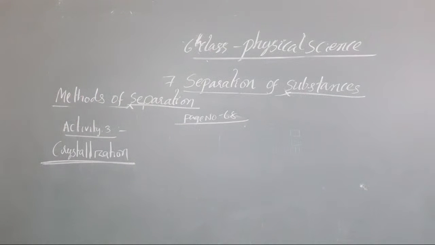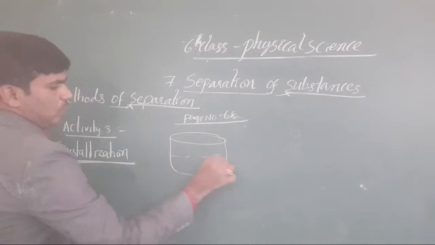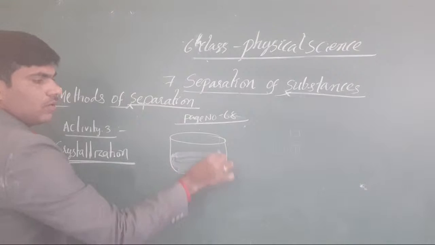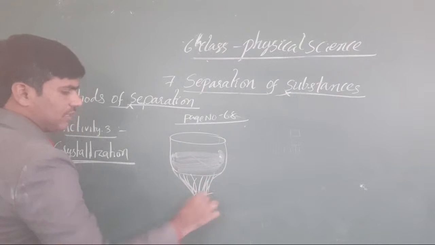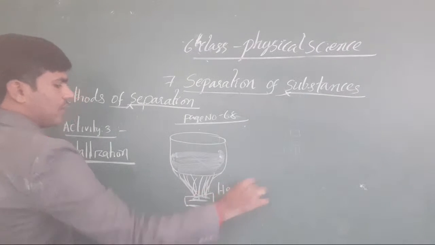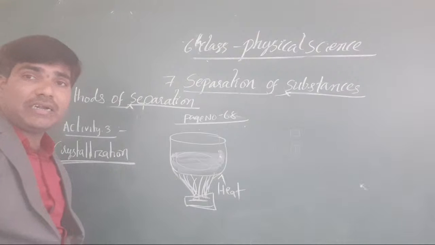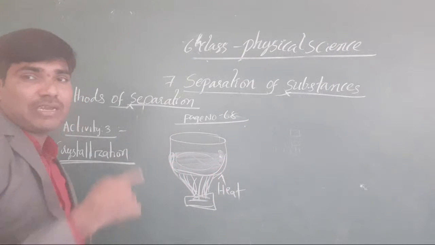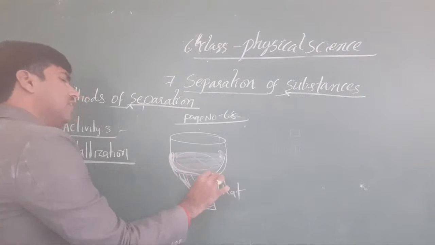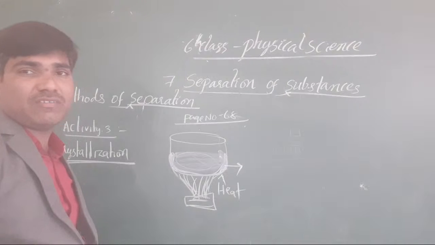Because of the heat, the water evaporates. But at the bottom or on the edges of the bowl, some layer gets deposited. That is the salt, in the form of crystals.